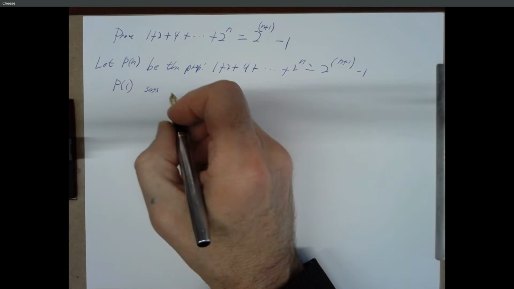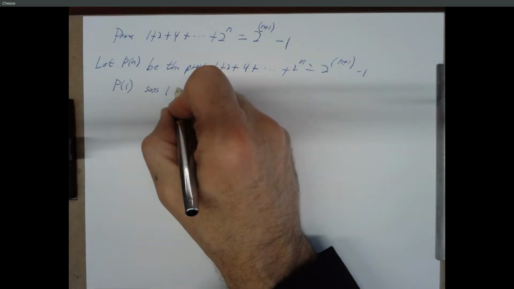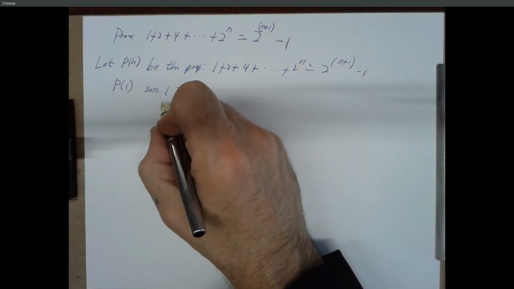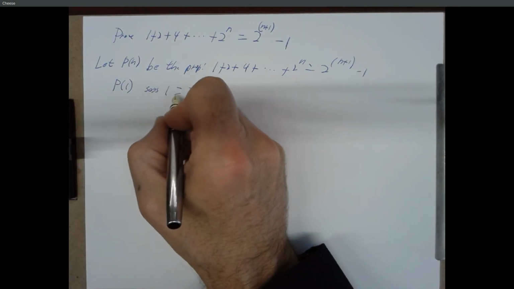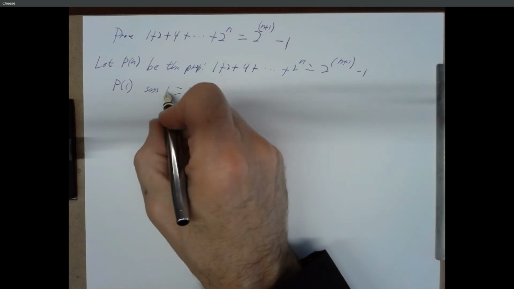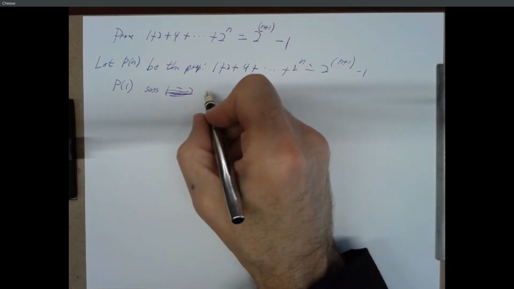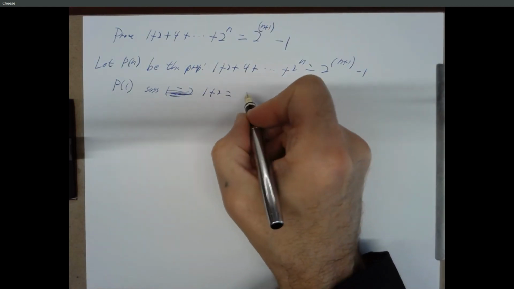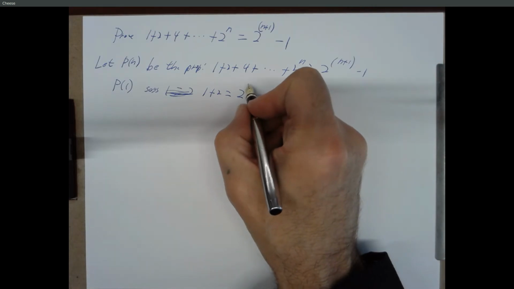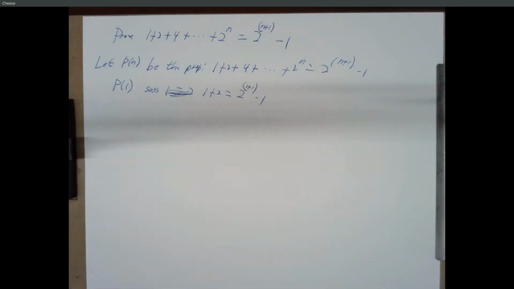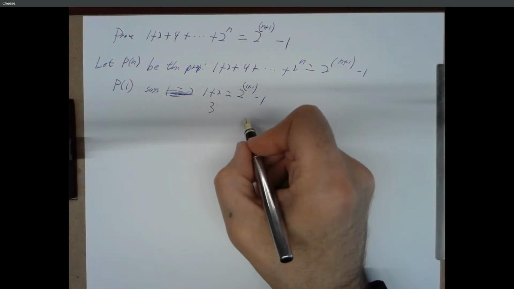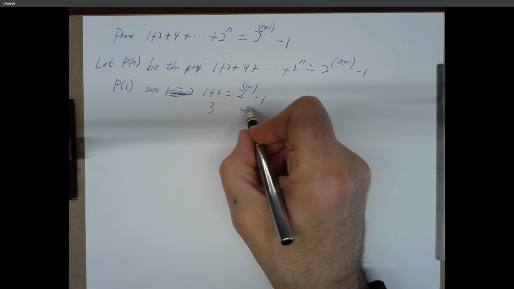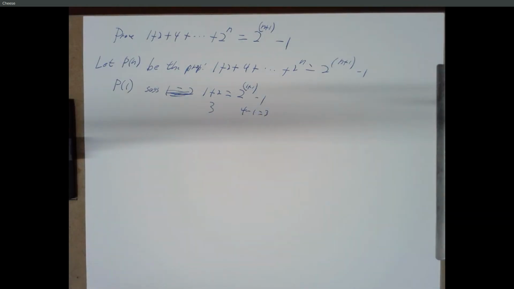P of 1 says go up to 2 to the 1. So 1 plus 2 should be equal to 2 to the 1 plus 1 minus 1. All right, this left side is 3, the right side is 2 to the 2, which is 4, minus 1, which is 3. 3 is equal to 3. So P of 1 is true.